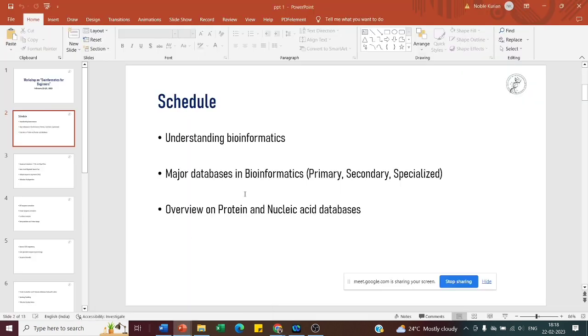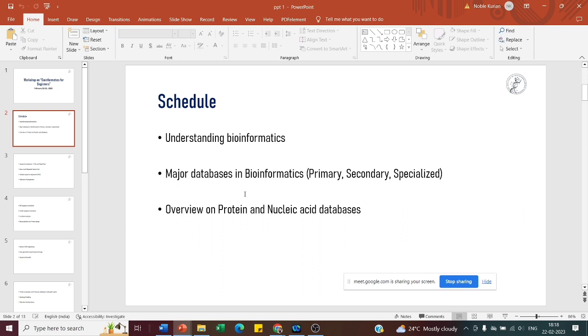So databases, this type of data storage area. We know the library, while telling about databases, we have libraries in our colleges, which contain a lot of books which store data or information.